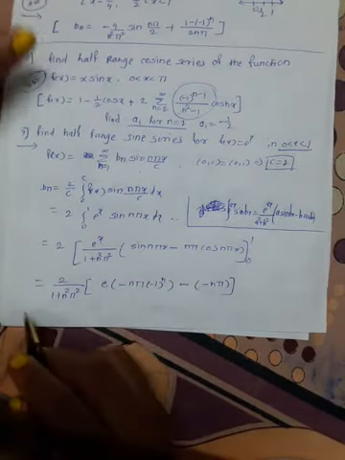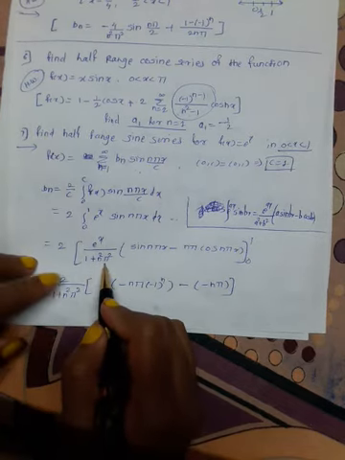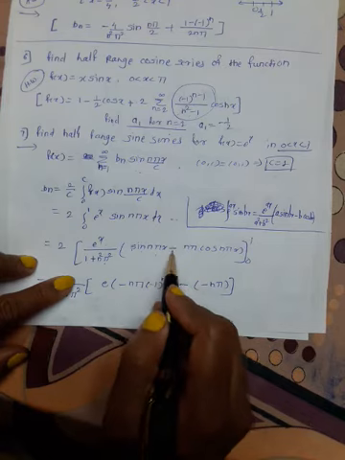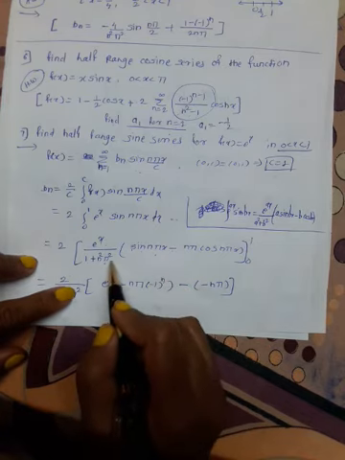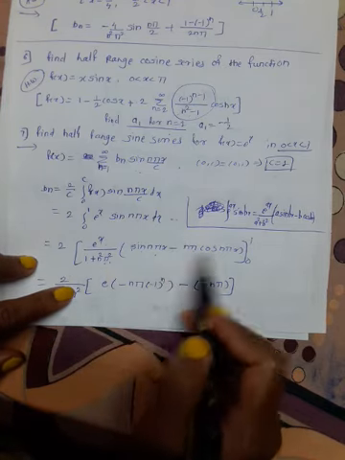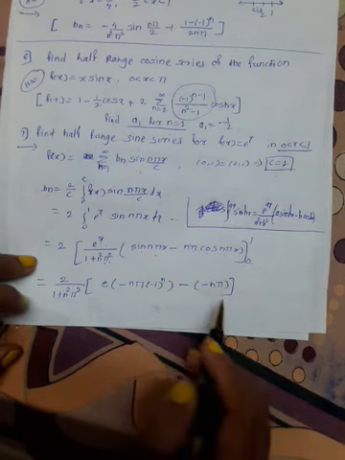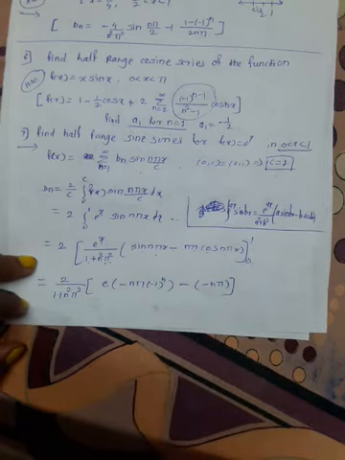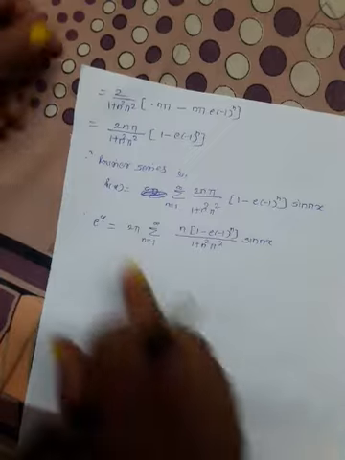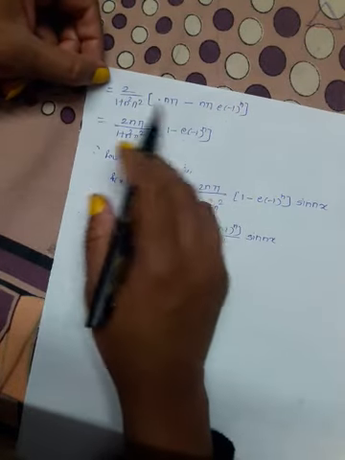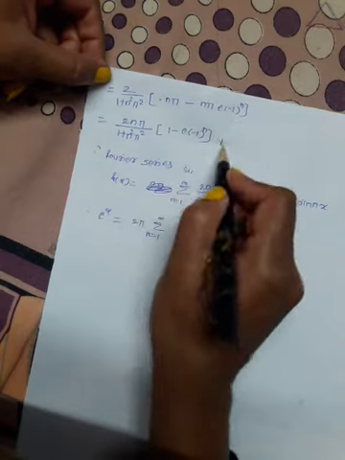This is e raised to x upon a square plus b square, into a is 1, sin bx minus b is n pi, cos of n pi x, from 0 to 1. Putting the upper limit and lower limit, we get this answer. By solving this, it becomes this, and the final answer is this. Taking n pi common, you get this answer.